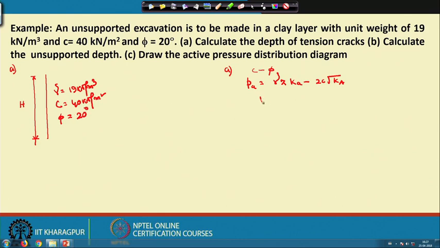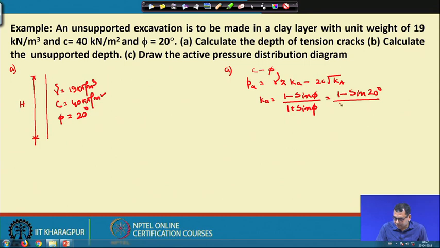So we can calculate that Ka is equal to 1 minus sin phi divided by 1 plus sin phi, so 1 minus sin 20 degree divided by 1 plus sin 20 degree, that is equal to 0.49.